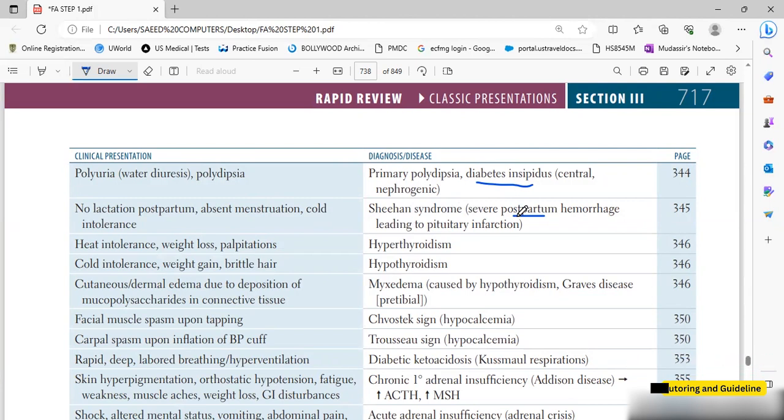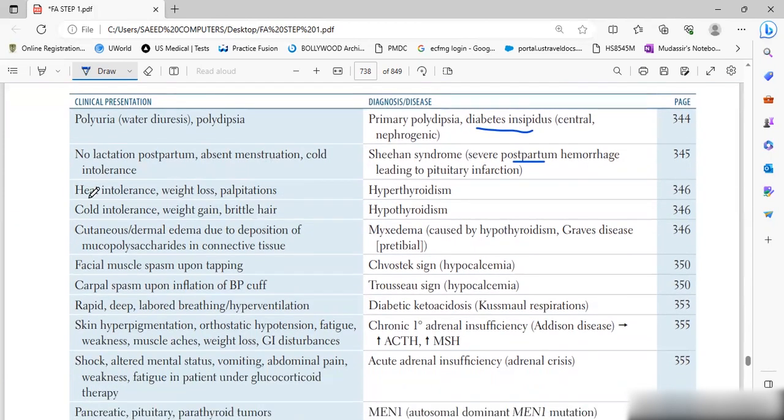In severe postpartum hemorrhage, like abruptio placentae or placenta previa, you can have pituitary infarction. So you will have decreased hormones from the pituitary: decreased thyroid, decreased cortisol, decreased prolactin, all will decrease.